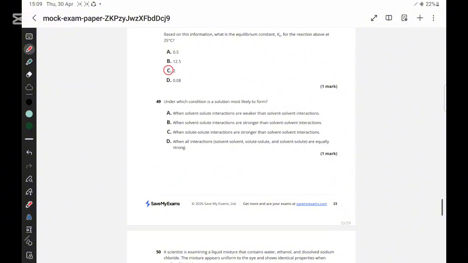Under which condition is the solution most likely to be formed? When the solvent-solute attraction is greater than the solute-solute interaction.